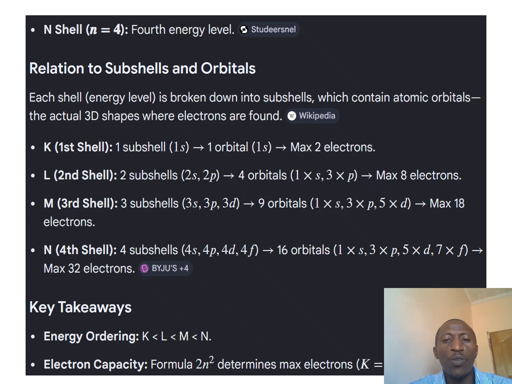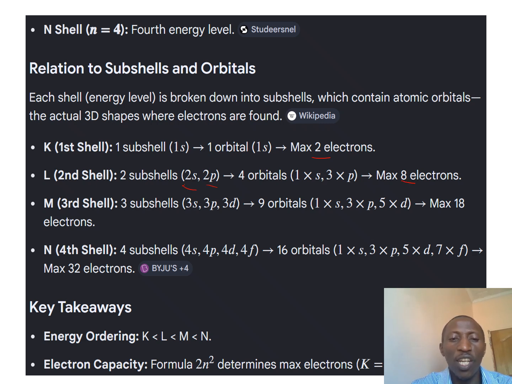The relationship between the subshells and orbitals. So we have the first shell, the orbital is 1s, maximum of 2. The next one, we have 2s and 2p, maximum of 8.